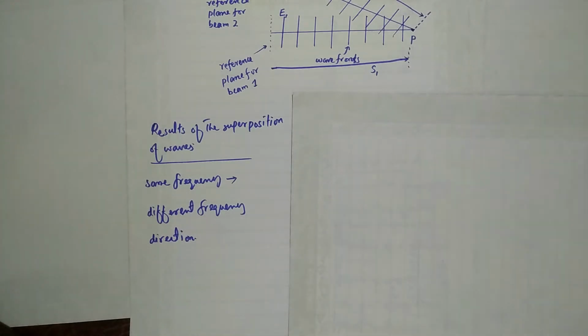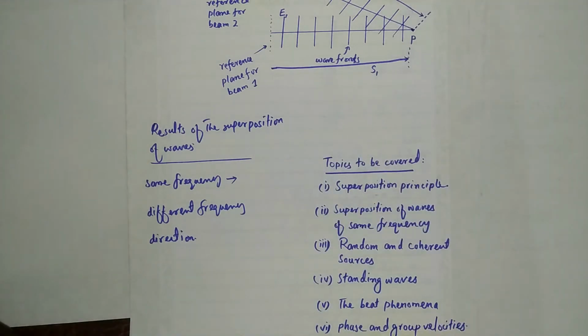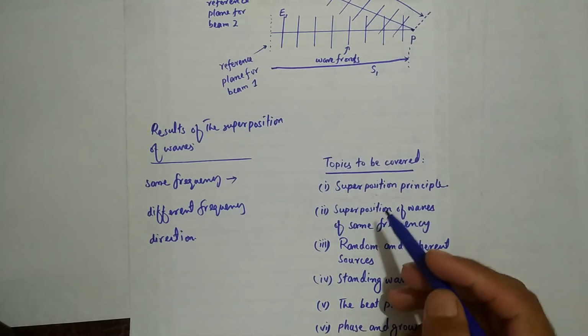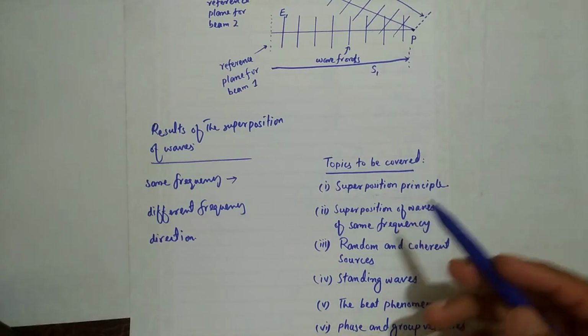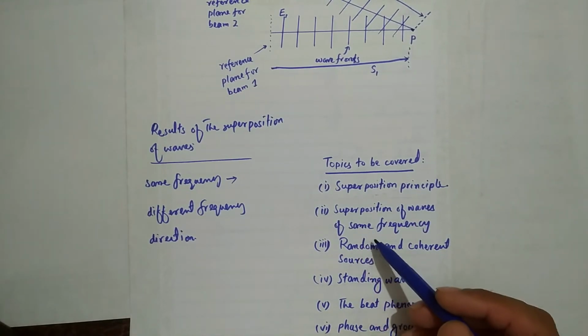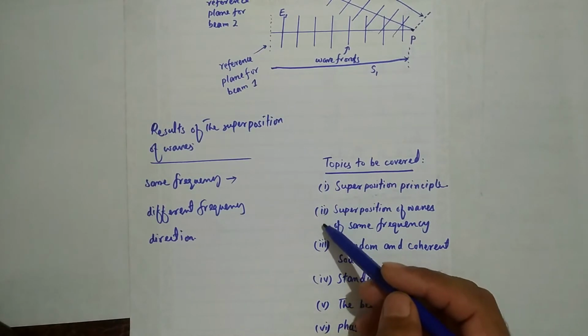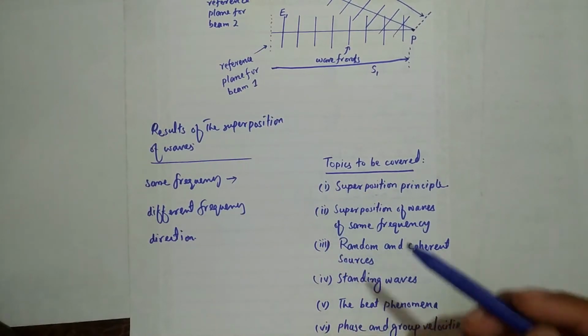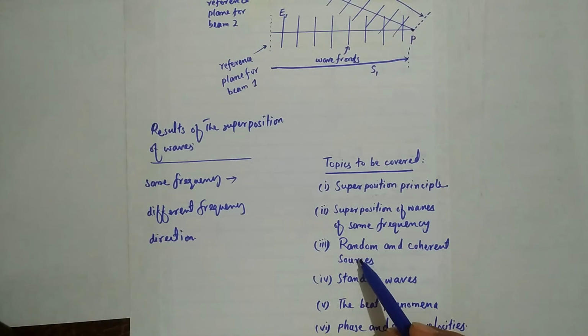The topics which will be covered in this chapter: first we will learn the superposition principle, then we will discuss the superposition of waves of the same frequency, which results in the interference effect. Then we will know about random and coherent sources.